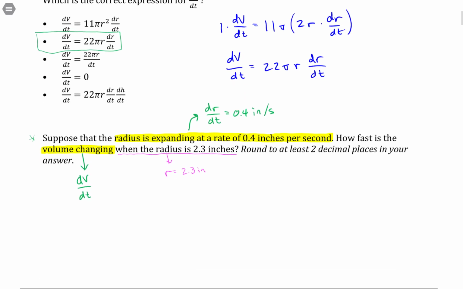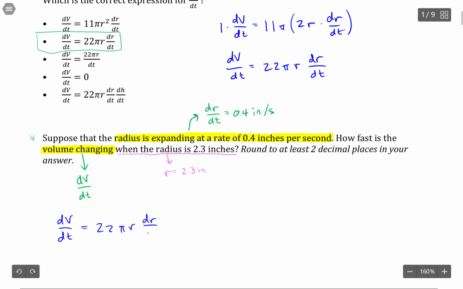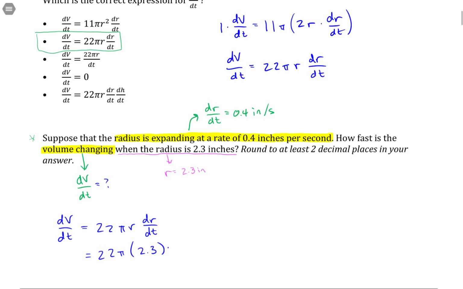So we have our derivative, dV/dt equals 22 pi r dr/dt. All right, now we're looking for dV/dt. It didn't give us a value for dV/dt. It wants us to solve for that. So that means I'm going to plug in a specific value of r, which in this case is 2.3, and then the rate of change of the radius.